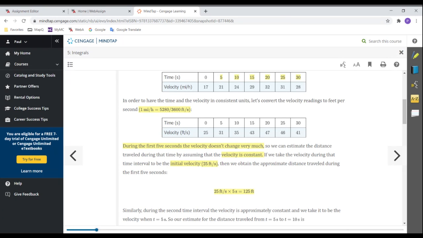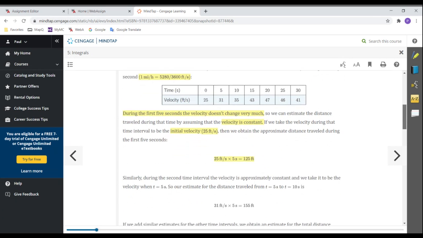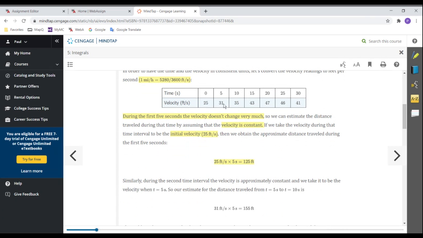What they're doing here is working with velocity and going back to get distance, or in this case, position. Now for the second interval, I want to say this the right way.